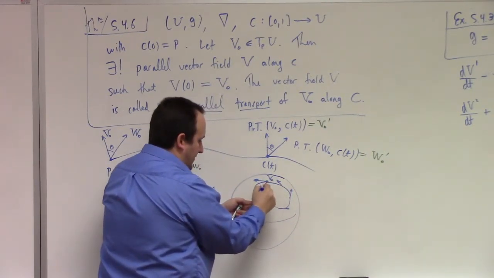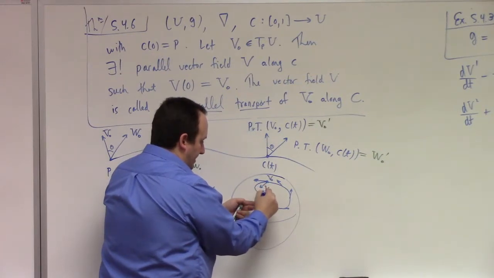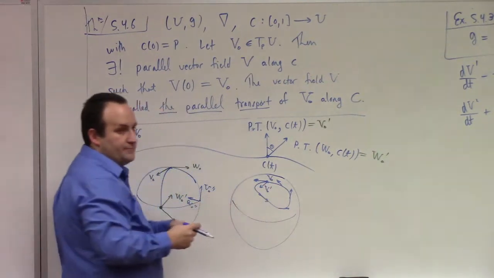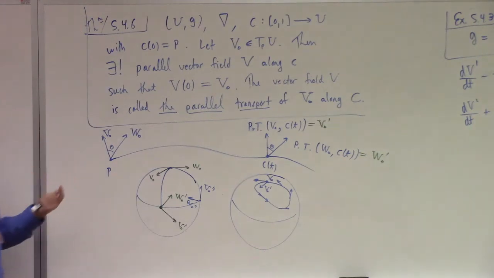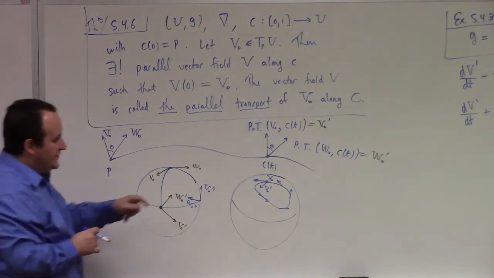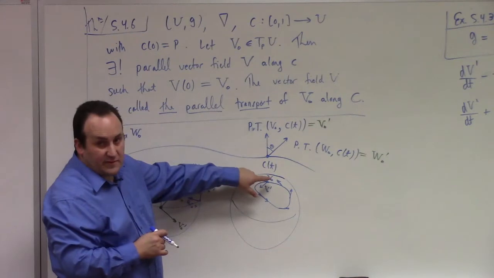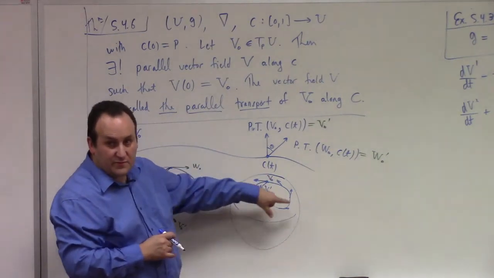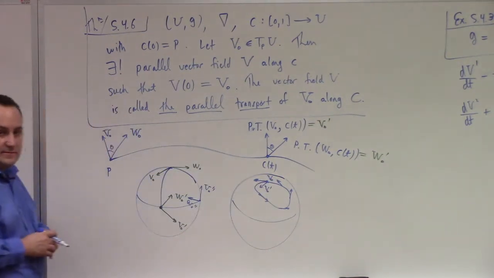And then I get back to here. When I get all the way back around, my parallel transport actually doesn't have to agree with what I started with. This is called holonomy. Holonomy is the angle between the vector that you started with and the parallel transported vector around the loop.